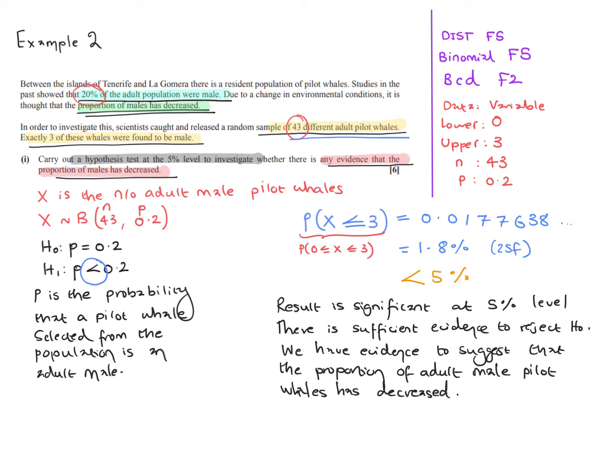Notice the non-assertive conclusion here. I haven't said we've proven, I haven't said we've shown, I've said we have some evidence to suggest that the proportion of adult male pilot whales has decreased.